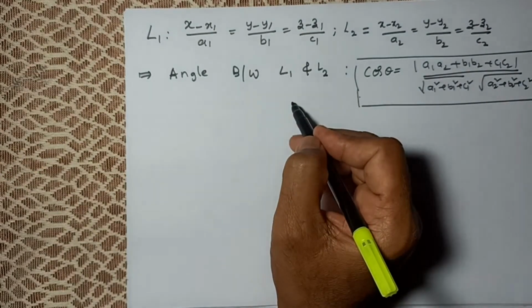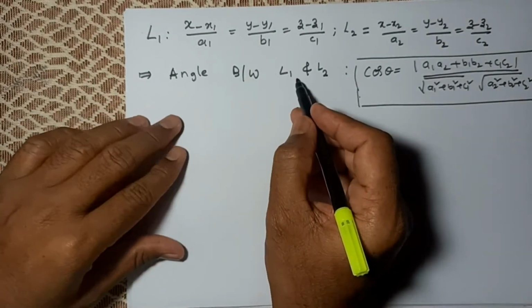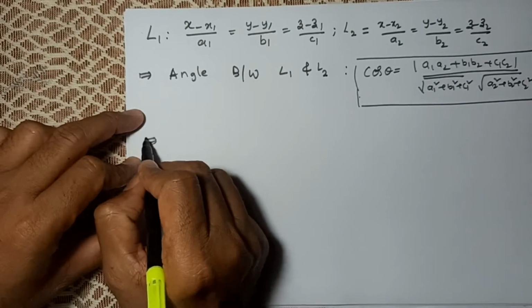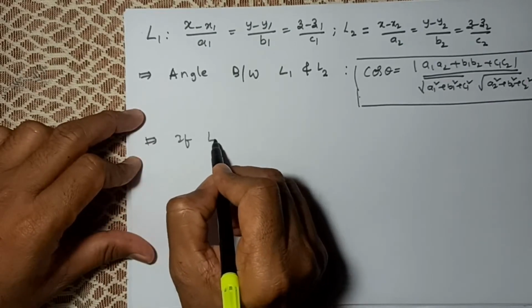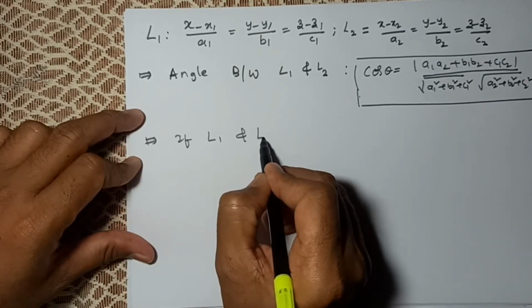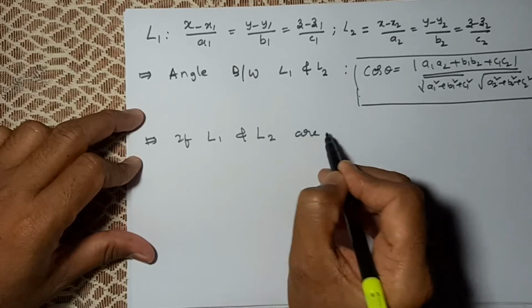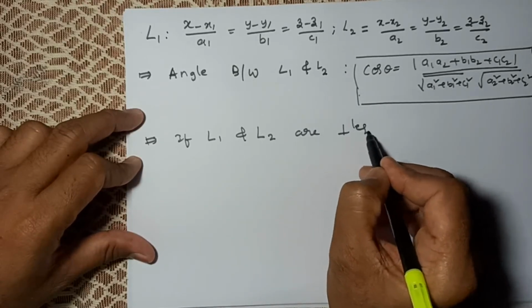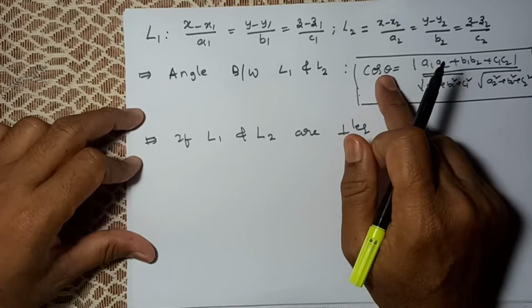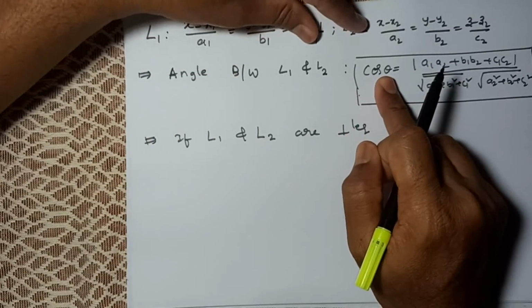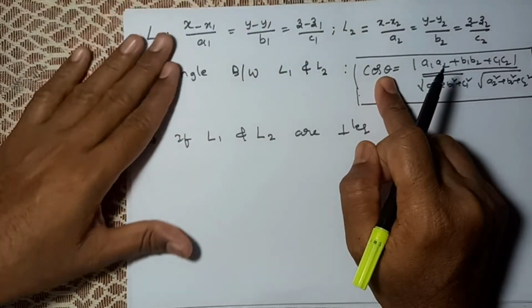Okay. So if L1 and L2 are perpendicular, both are perpendicular, meaning theta value is 90 degrees, cos 90 is, we know it, 0.